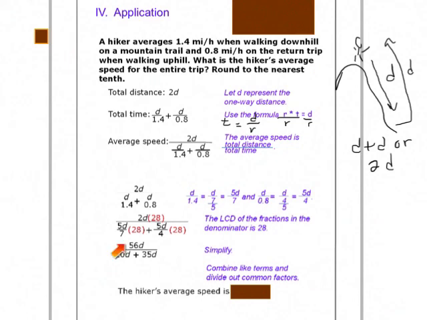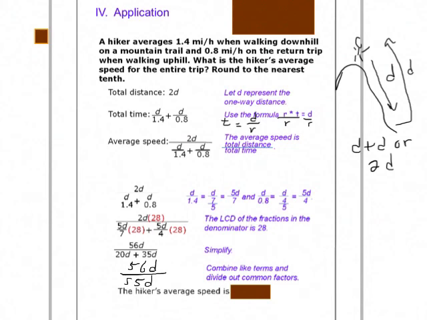So I have 56d over 20d plus 35d. Now from here, I'm going to add like terms on the denominator. When I add 20 and 35, that gives me 55d, so it's 56d divided by 55d.